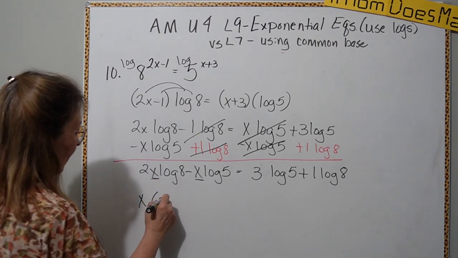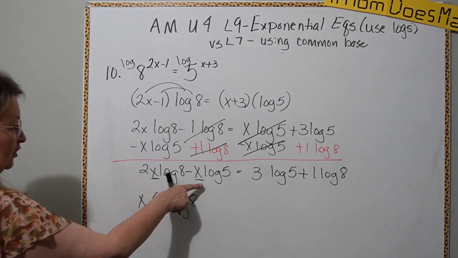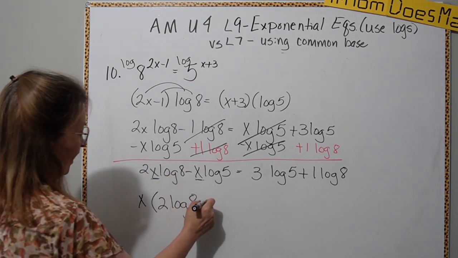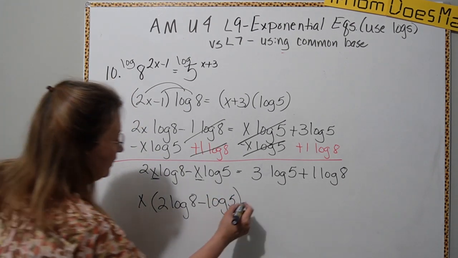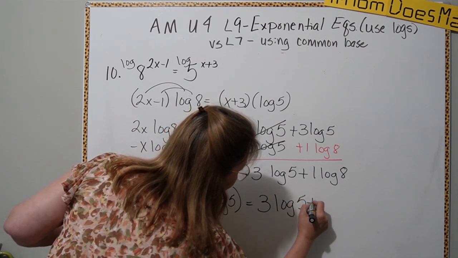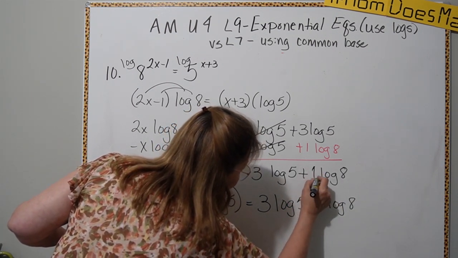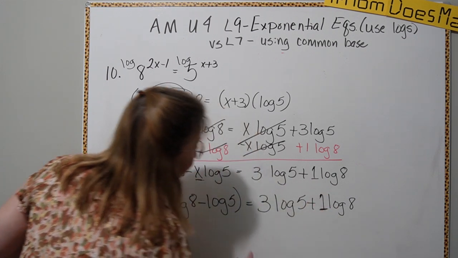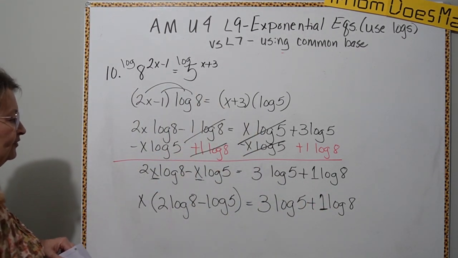Well, here I've got 2 log 8 left, and when you divide x out of here, what do you have? Minus log 5, okay? Equals all this stuff over here. And that 1 is hard to keep identifying. You don't really need it, 1 times anything is the identity, so you could leave that off if you want to.